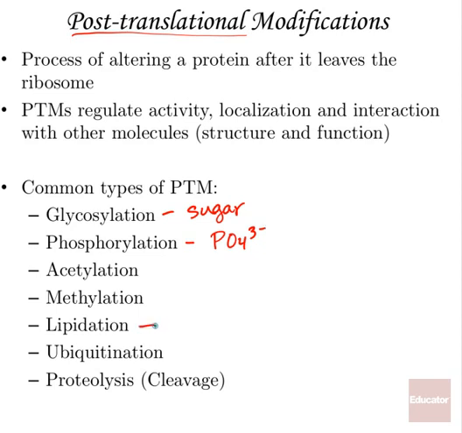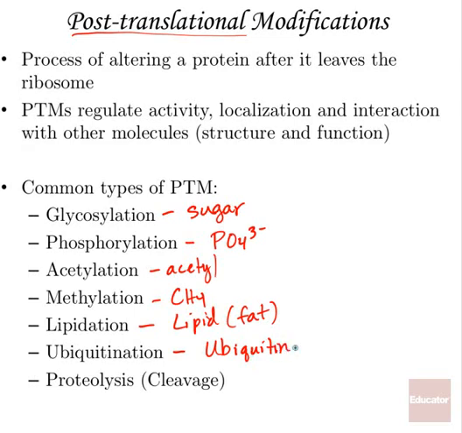Lipidation, that's the addition of a lipid. Maybe we know that better as a type of fat. Okay. Ubiquitination is the addition of a small protein called ubiquitin. And then proteolysis is just cutting the protein.